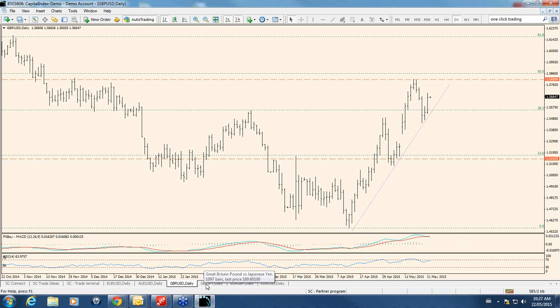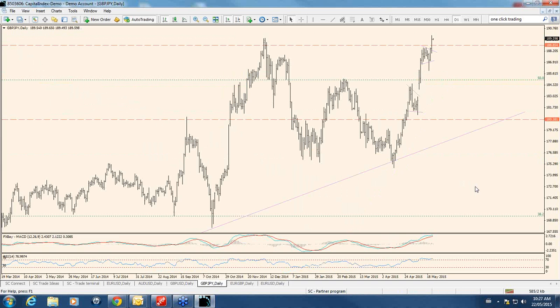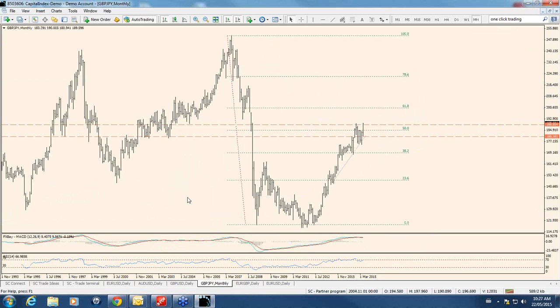I wanted to cover pound JPY because there's something interesting in here for those who like patterns. So if we go to monthly, to the beginning of 1993, that gives you almost 30 years.